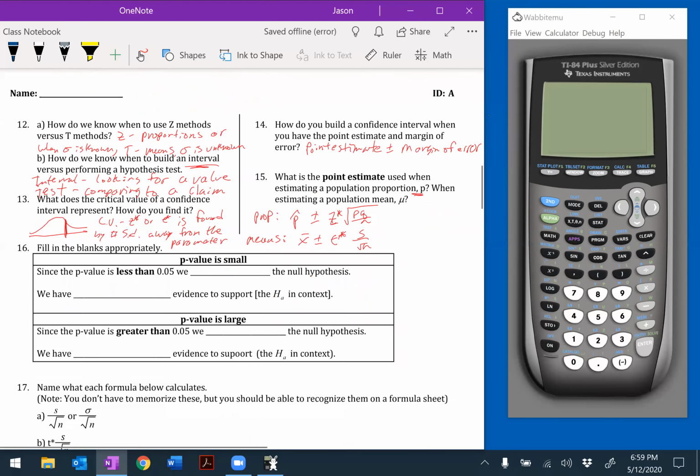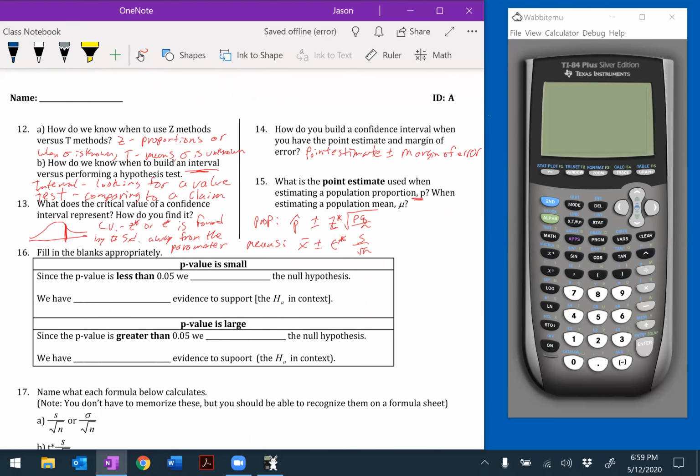Okay, fill in the blank appropriately. Since the p-value is less than 0.05, what are we going to do? If it's less, what do we do with the null hypothesis? We reject the null hypothesis. We have sufficient evidence to support the alternative.